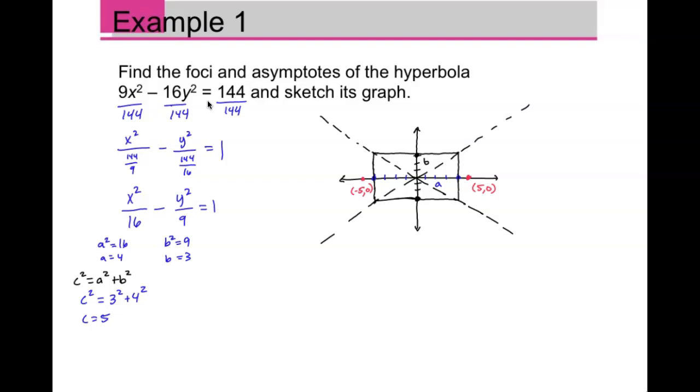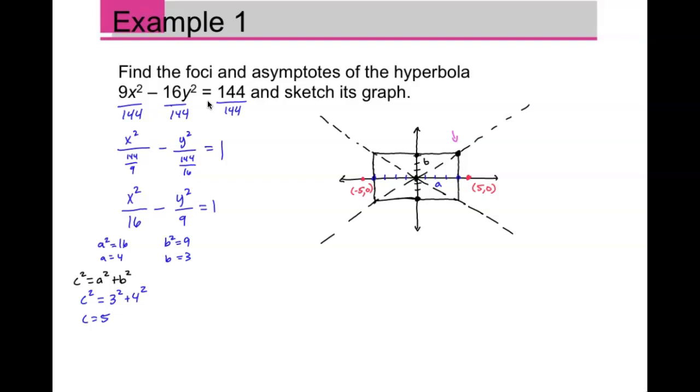So in this case, the asymptotes are lines. Our y-intercept is 0, so all we need is a slope. And you can see the slope here. What's this coordinate? Looks like 4, 3. It's 4, 3, right? It's over 4, up 3. And slope is just rise over run, right?